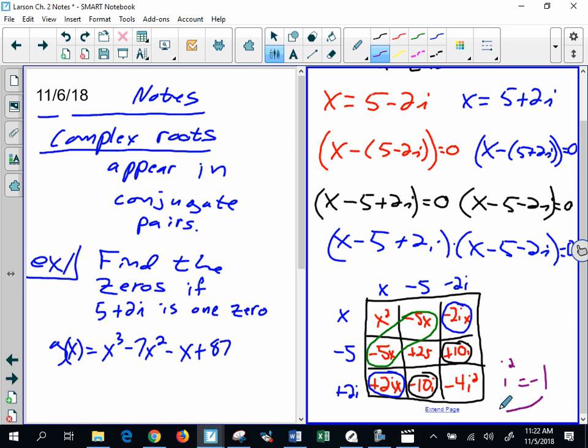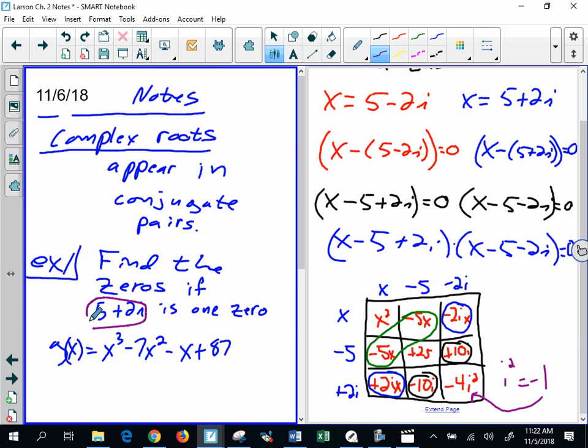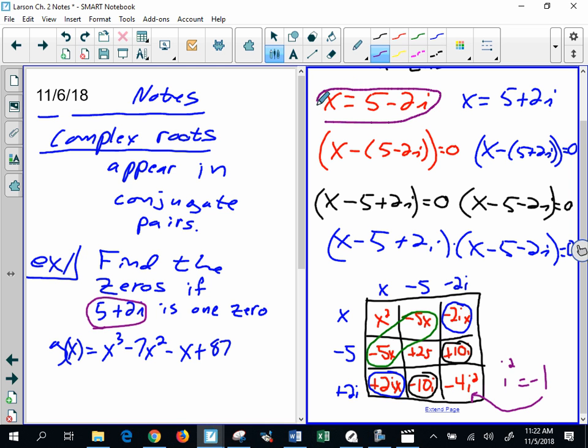So I'm going to do a little substitution right there. I'm going to put a negative 1 there. And I can combine like terms. So what do I know so far? That if this is a 0, then its conjugate will also be a 0. And all of those should divide into our original function.